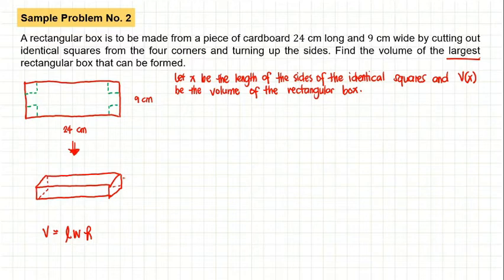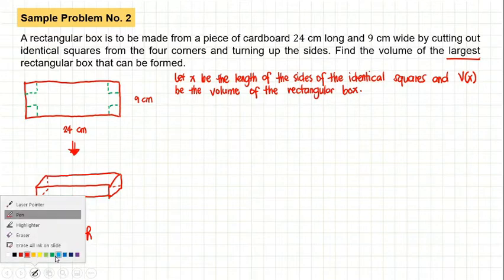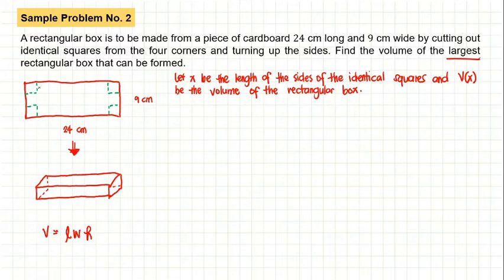Okay. Now, if we let the length of the sides of the identical squares be x, therefore, this one here is x. This is x, this is also x, they are all x since we have squares.